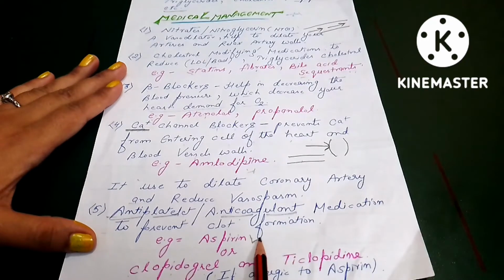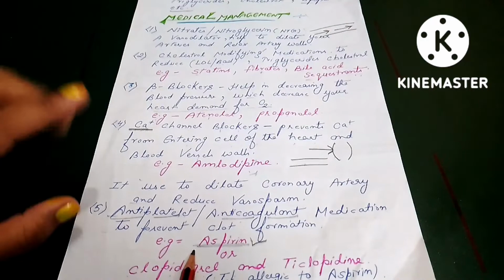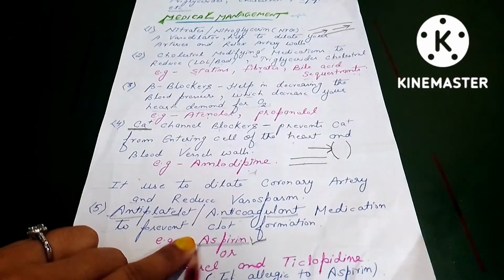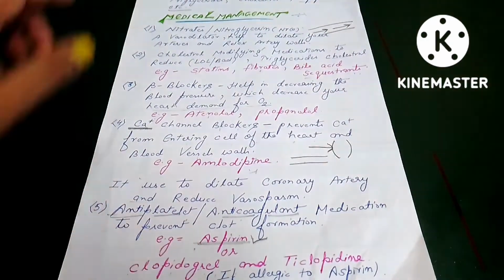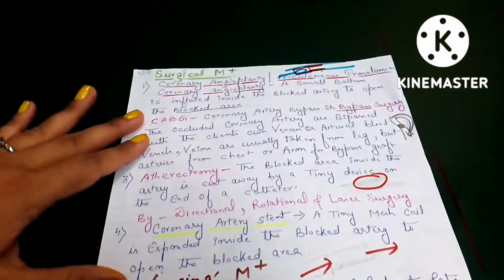Aspirin helps mainly in thinning the blood. Okay, if the blood remains thick, there are more chances of getting a clot. So aspirin helps in thinning the blood, but if aspirin is taken in heavy doses, it can lead to several bleeding disorders. So let's now go through our surgical management.